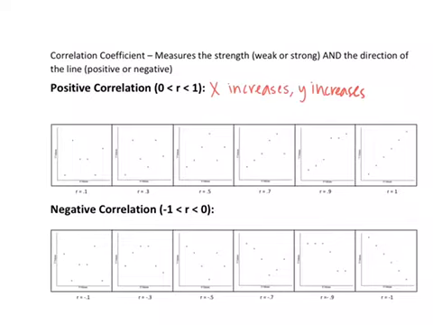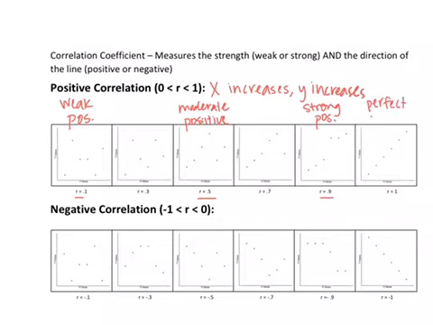Now with these positives, you have a weak positive if R is 0.1, a moderate positive if R is 0.5, strong positive if R is 0.9, and a perfect linear positive if R is 1 exactly.